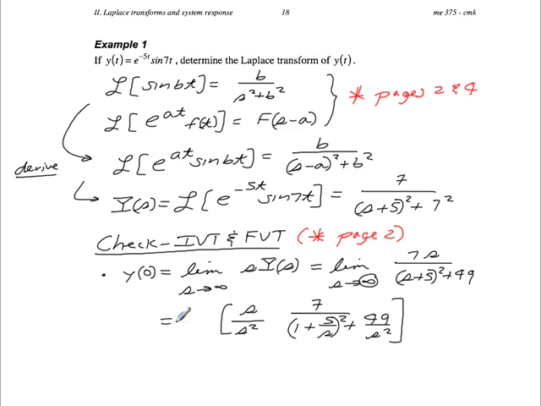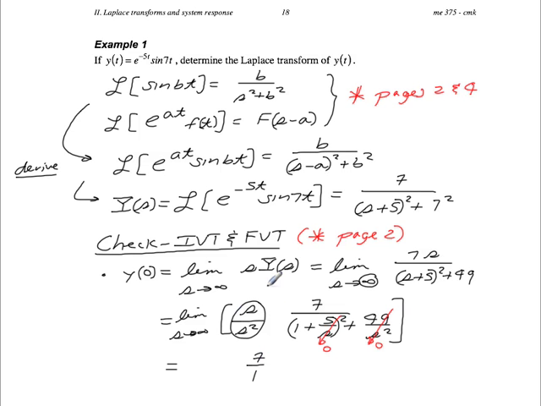The reason for writing it in this form is that I know as s becomes large, things like 5 over s go to 0, and 49 over s squared goes to 0. So we end up with 7 over 1 here.